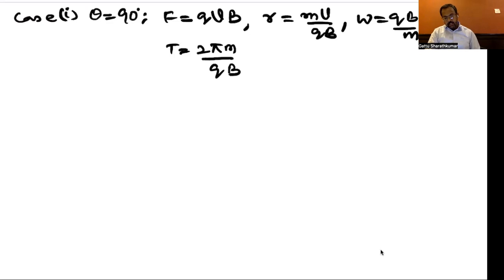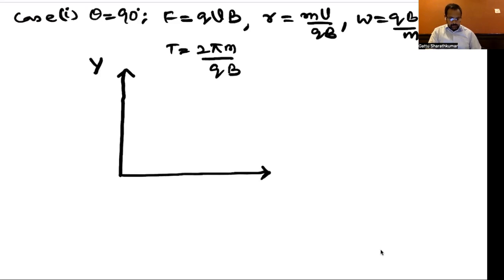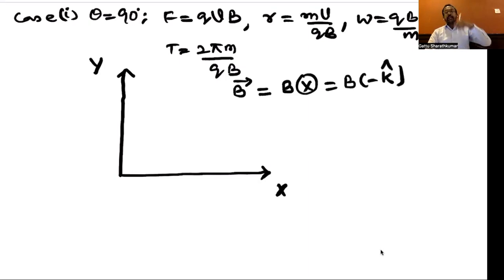So in this case, let me assume like this. This is your y-axis. This is your x-axis. And there is a magnetic field B bar. Let me take it as B into the plane, that is B times minus k cap. We have a magnetic field into the plane of the paper.